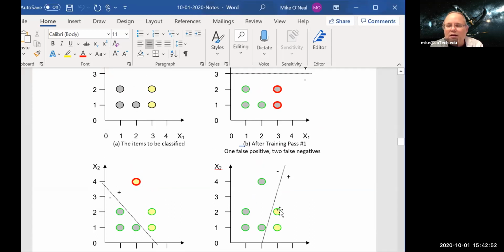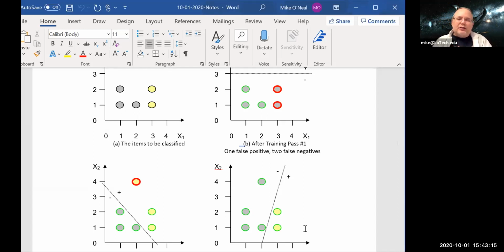Linearly separable. But people say that and they sometimes miss the implications. The problems don't always have to be linearly separable.